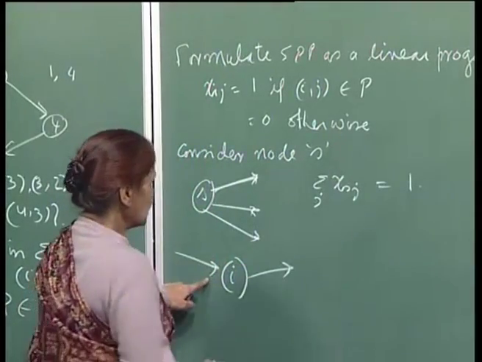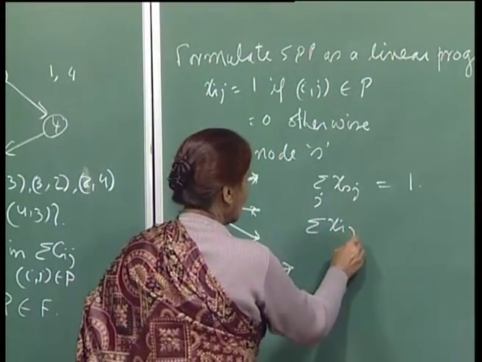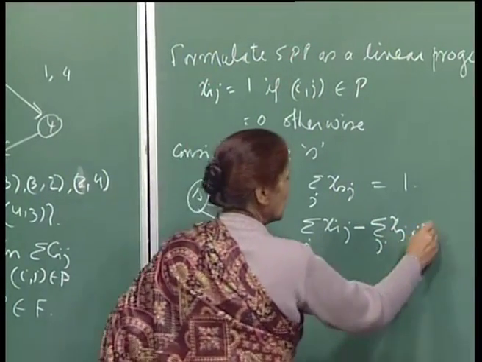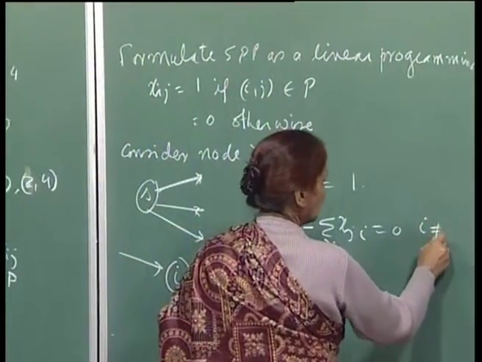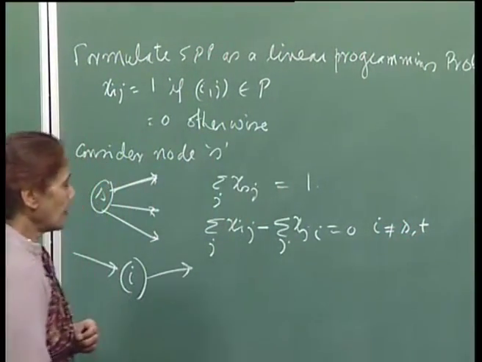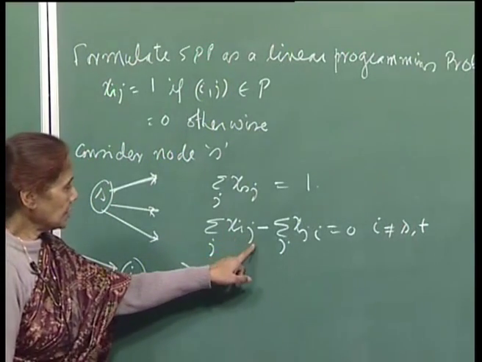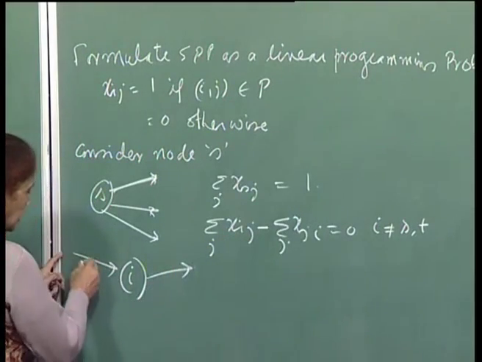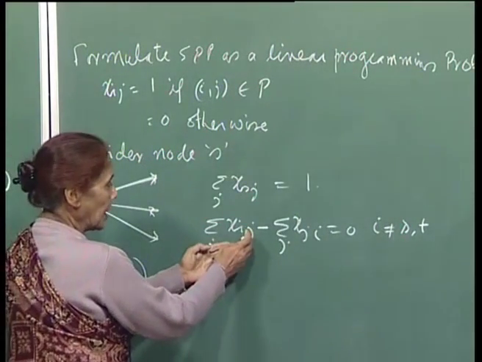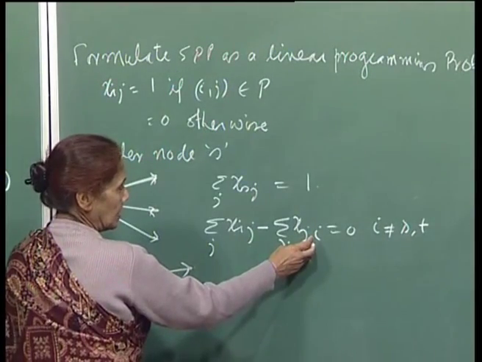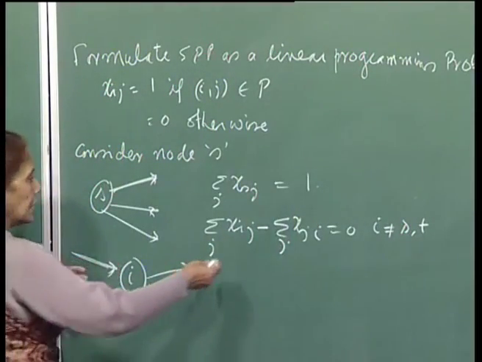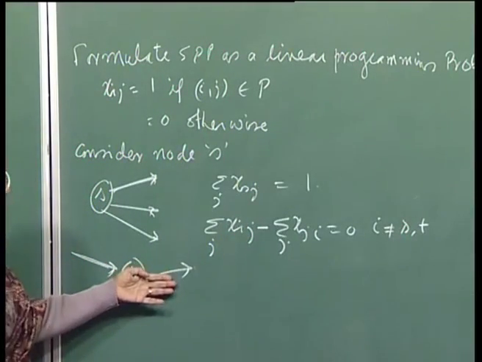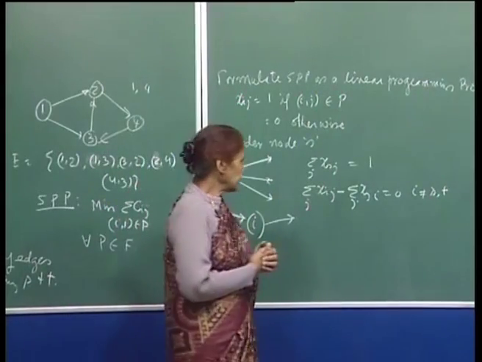Therefore, summation xij minus summation xji should be 0, as long as I is not equal to S and T. The first sum is over the arcs leaving node I. If this is 1, then this must also be 1; if this is 0, then this is 0. That means, if one arc has entered I, then one arc must also leave I.